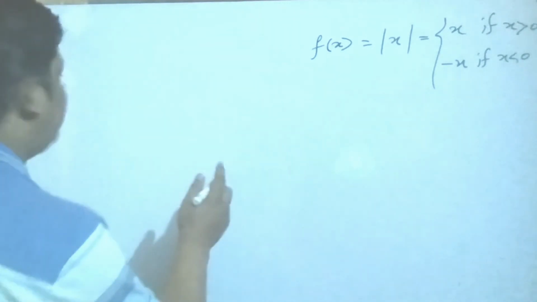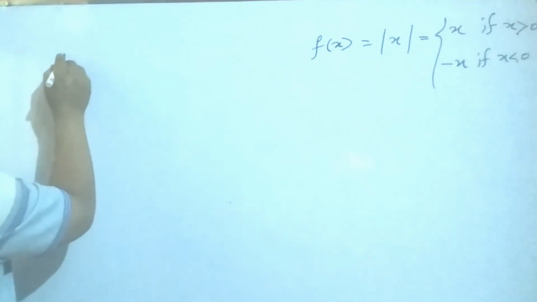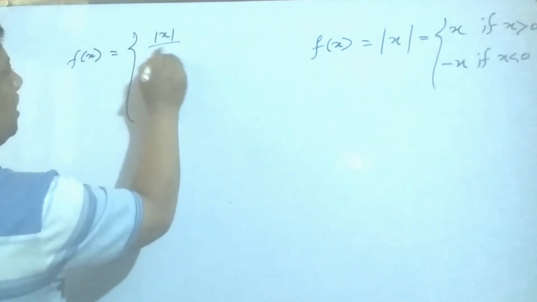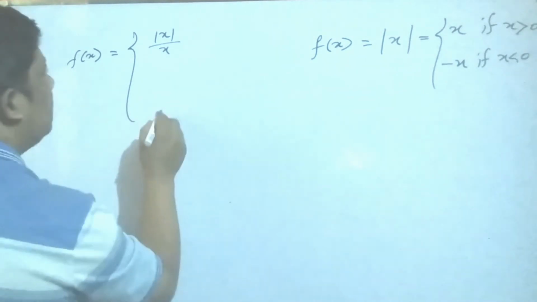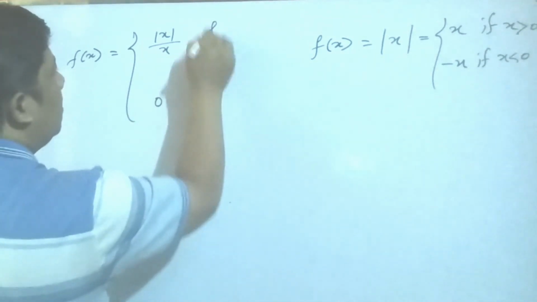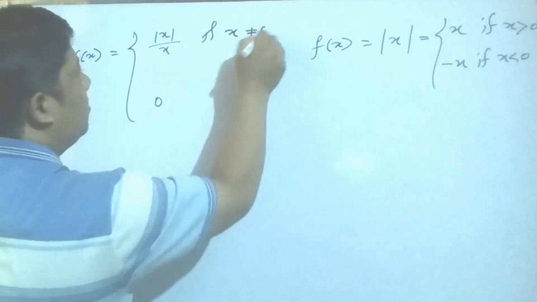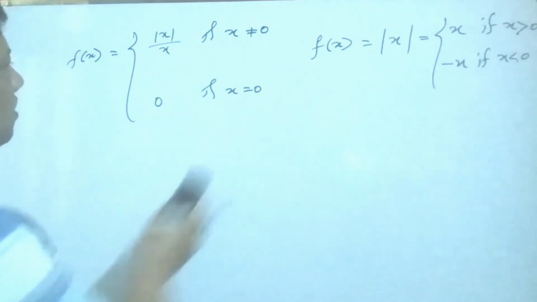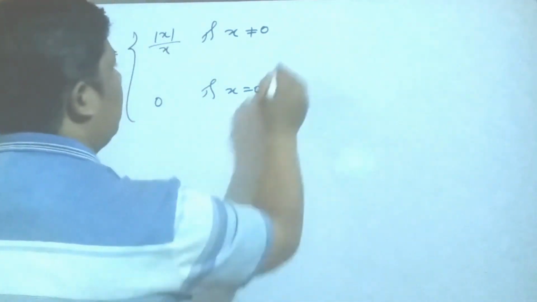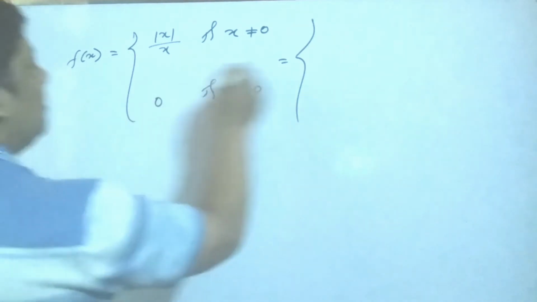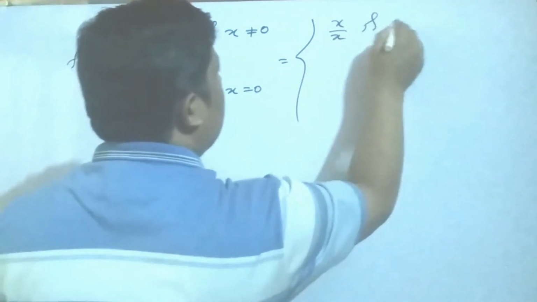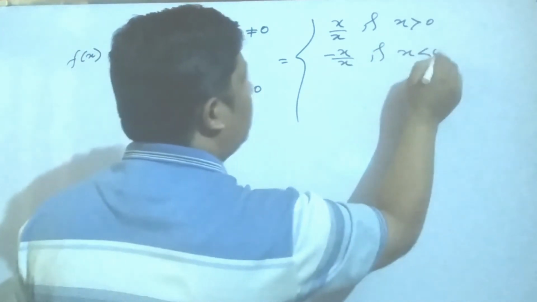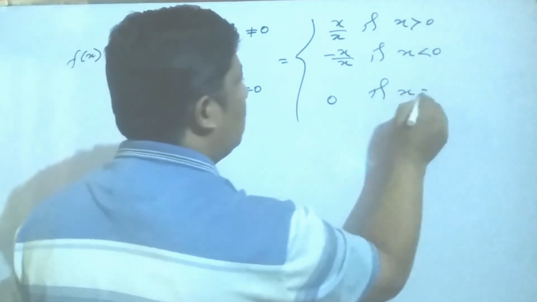If it is less than 0, you have to write the negative sign. So suppose any question is given like this, f of x equal to mod of x upon x, and it is 0 if x equal to 0, with x not equal to 0 otherwise. In these cases, what you have to do? You have to expand this modulus at first. You have to expand it: x upon x if x greater than 0, minus x upon x if x less than 0, and 0 if x equal to 0.